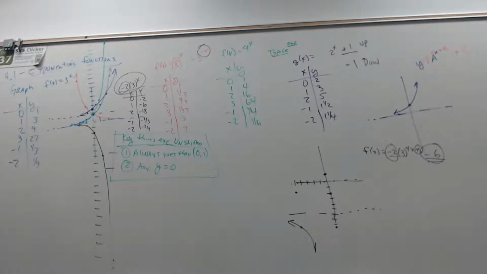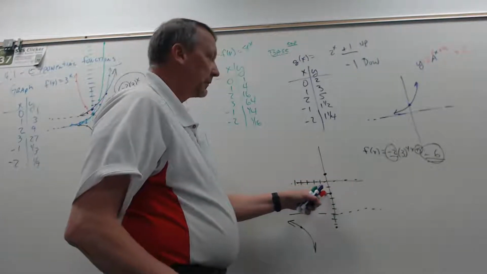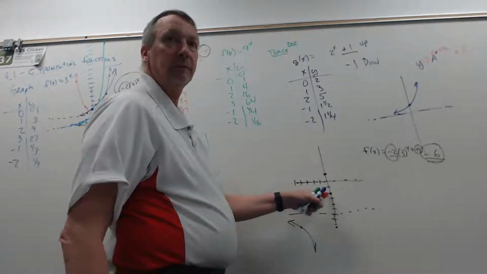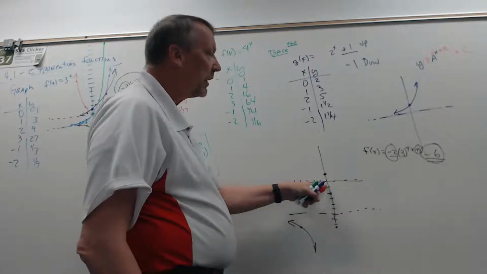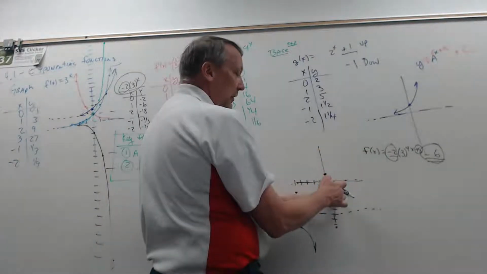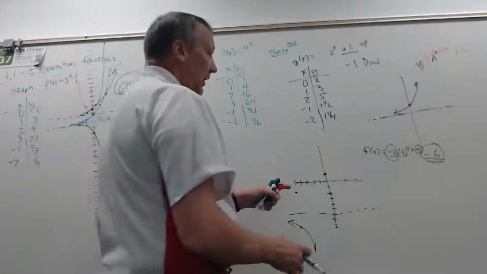So the -2 flipped it from the top to the bottom, and it doubled it. Normally, if it was a 1, it would have been here. The 2 put it here. And then the 3 is your base.